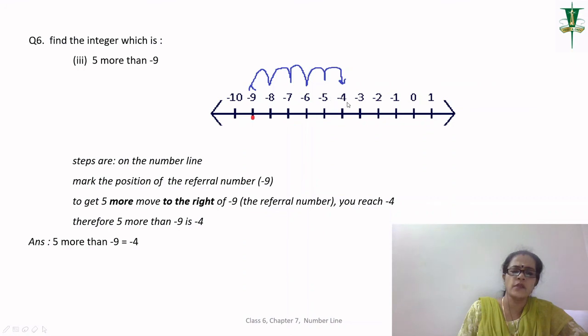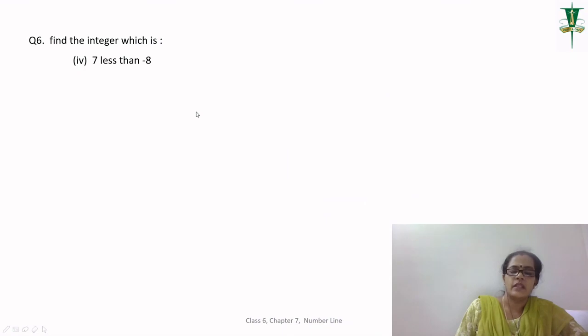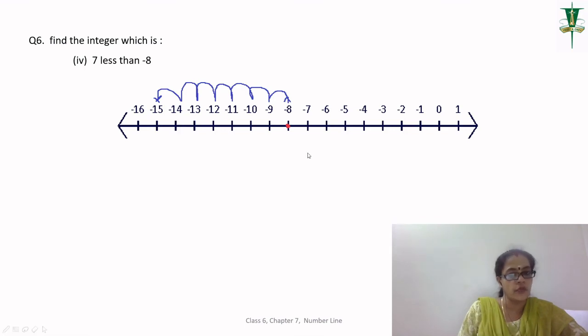So your answer for 5 more than -9 is -4. The next sum, let's go on to find the integer which is 7 less than -8. What is the referral number in this case? -8.